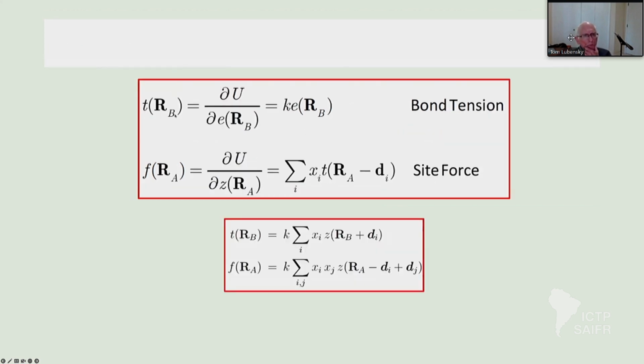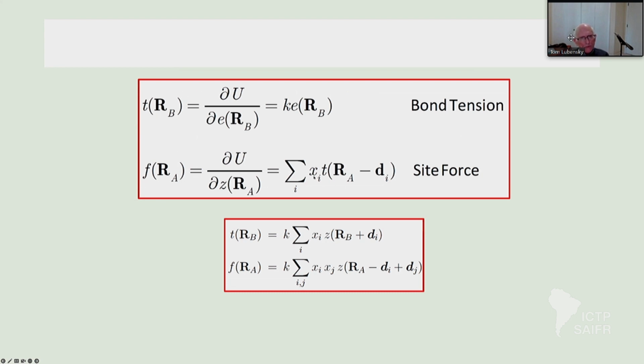Okay, so now we're going to define the tensions. The T is just the derivative of U with respect to the tri-bond, and that's equal to KERB. So this is a 1-to-1 correspondence with what we have in the 2-dimensional, or the 2-site system, the bibond. And the force, which is exerted on RA, is the derivative with respect to the displacement. And this we found, you can calculate it out.